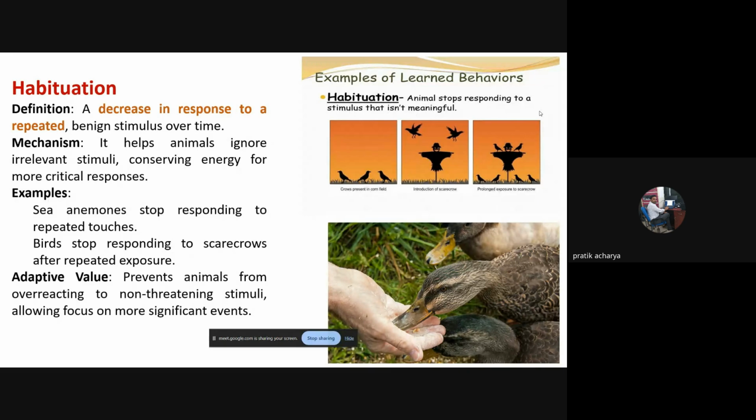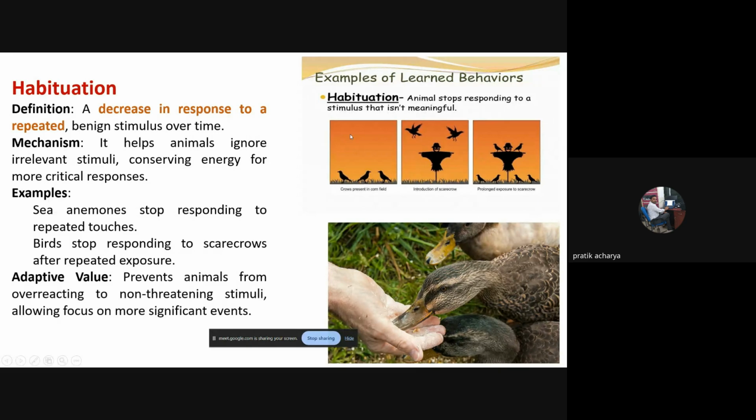In human beings and other animals, habituation means they develop a certain tolerance toward the object which they face regularly. That kind of mechanism is known as habituation. It helps organisms or animals ignore irrelevant stimuli, conserving energy for more critical responses.